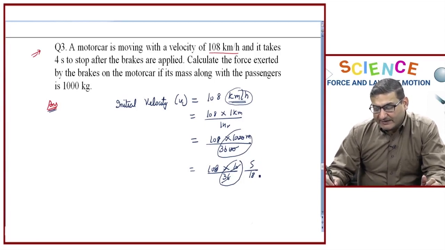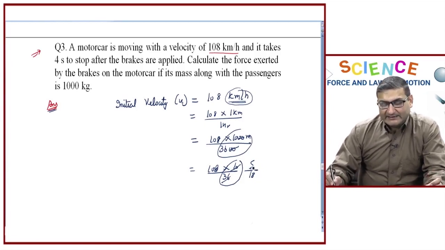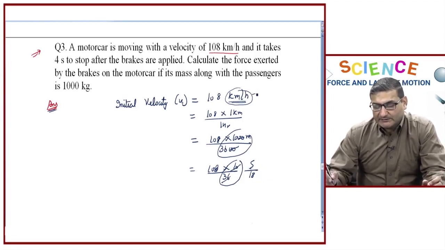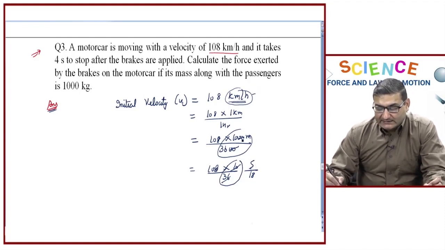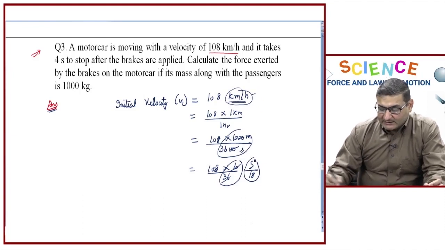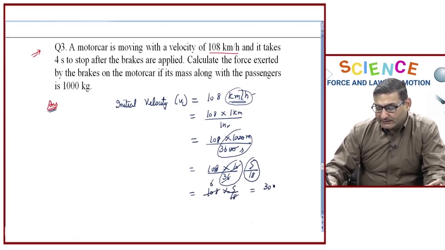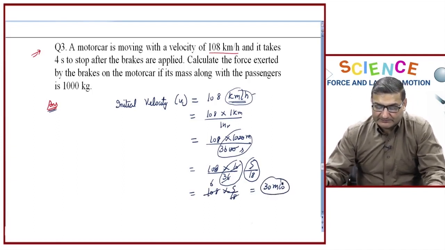This is 5 by 18, simple. If some of you are not aware, then every time you are going to convert kilometer per hour into meter per second, we just need to multiply with 5 by 18, right? So now it is 108 multiplied by 5 by 18, cancelling it out, we'll get 6, that comes out to be 30 meter per second. So this is the initial velocity.